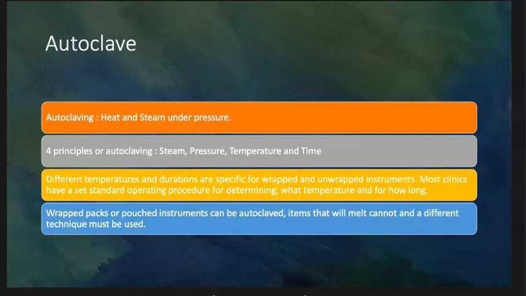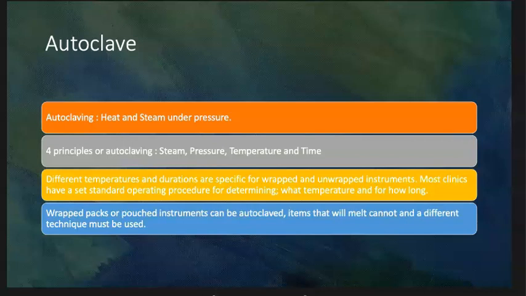There are 4 principles to autoclaving: steam, pressure, temperature, and time. Different temperatures and durations of time are used for specific wrapped or unwrapped instruments, or whether they're not wrapped at all, in a tray, or in a pouch.